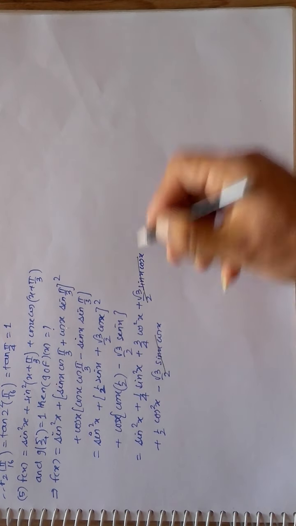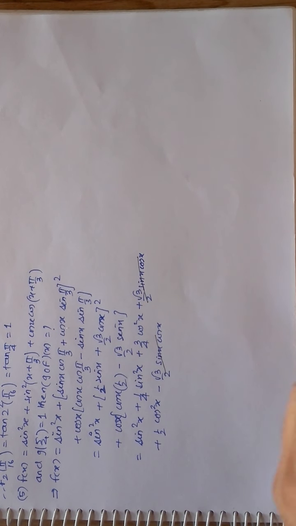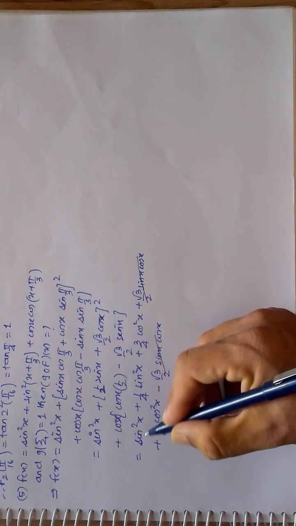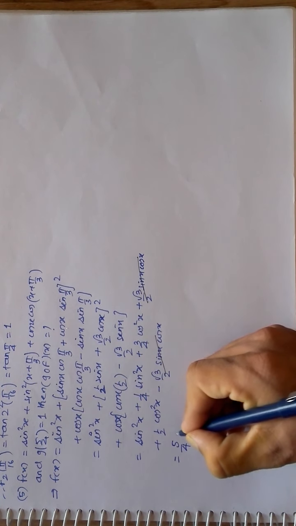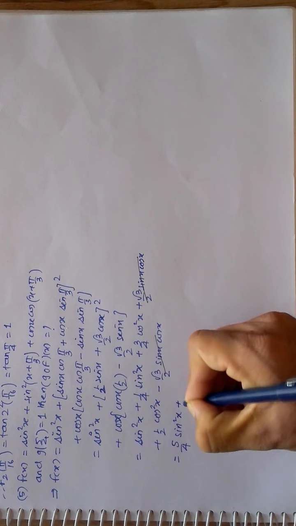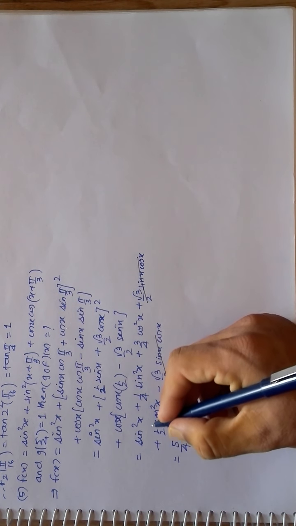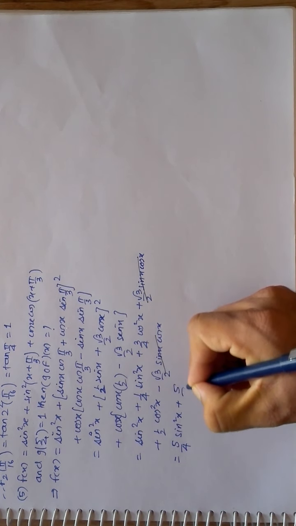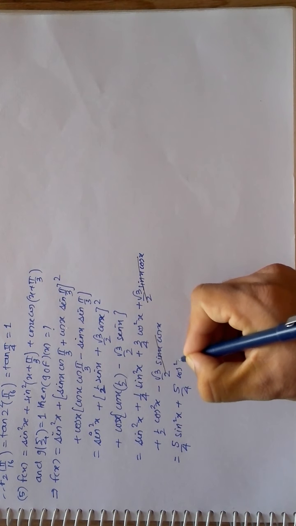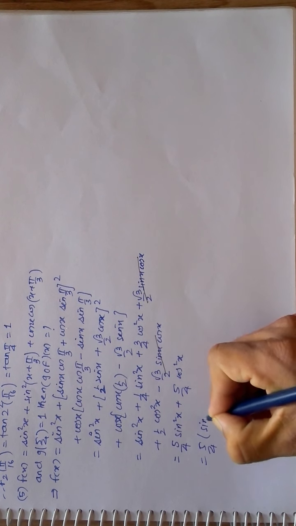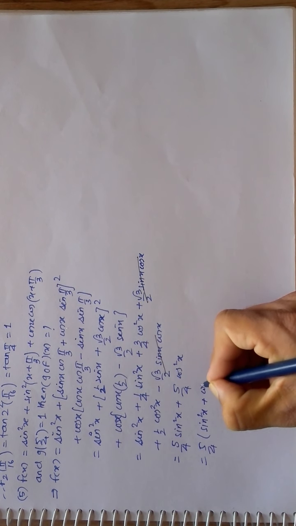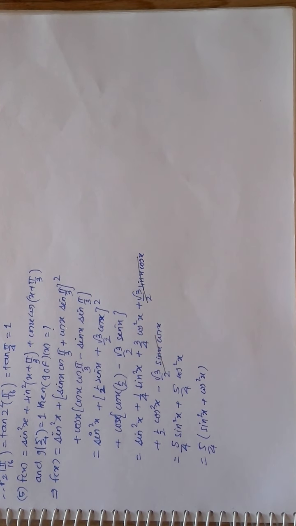this becomes 0, gone. So now let me get this added, 4 and 5, this is 5 by 4 sine square x, and 3 plus 2, 5 by 4 cos square x, which is 5 by 4 into bracket sine square x plus cos square x, which is 1.